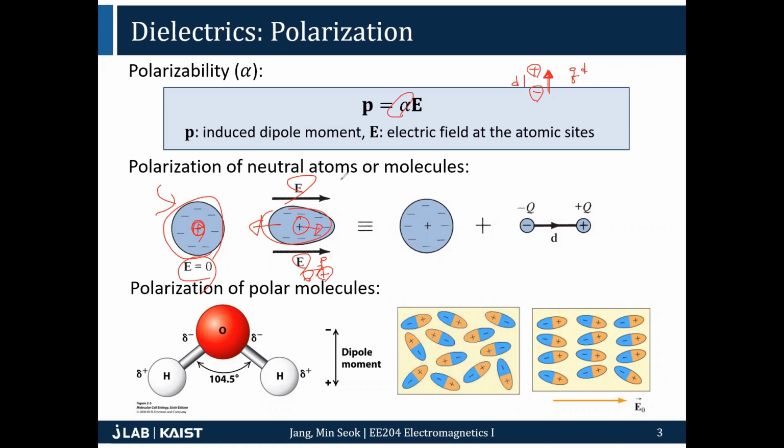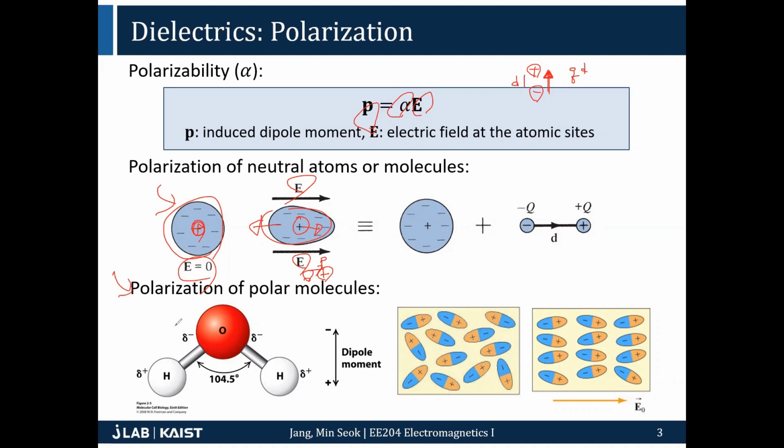When the electric field is applied, your atom becomes a dipole, and the dipole moment and the electric field are connected by polarizability. We say that your atom becomes polarized. Polarized means the two charges are separated.